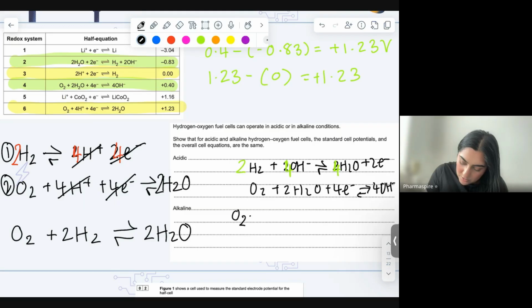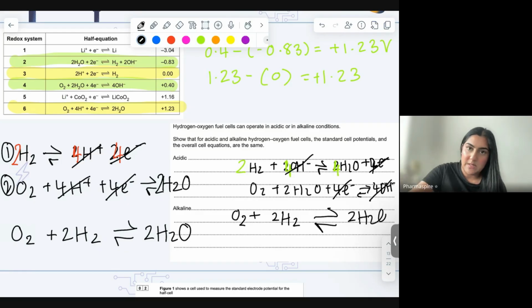We've got O2 plus, now 2H2O, because they split off, okay? Actually, yeah, O2, we've got 2H2, and then we basically cancel out the electrons, and then obviously you've got 4 OHs cancel out, end up with 2H2O. Basically done. Yeah, that's pretty much fine.